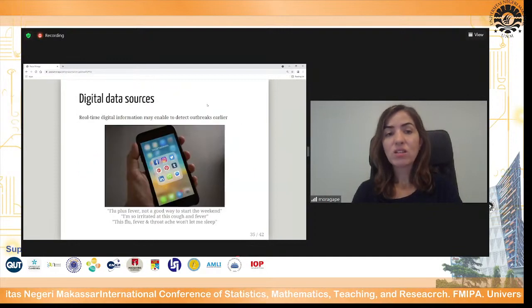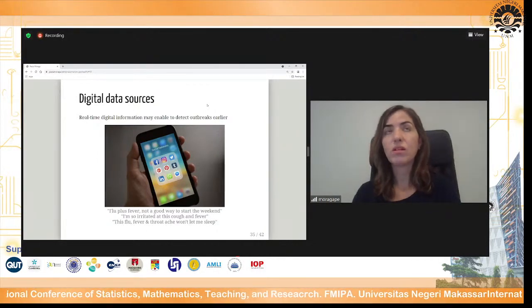Nowadays, we have access to other types of data. For example, digital data. We have access to social media data, where people chat about how they feel, or Google searches, where people search about treatments for their conditions.